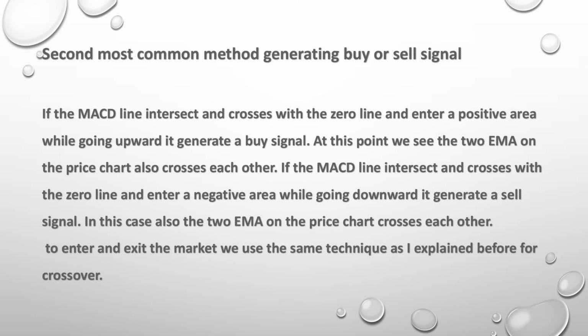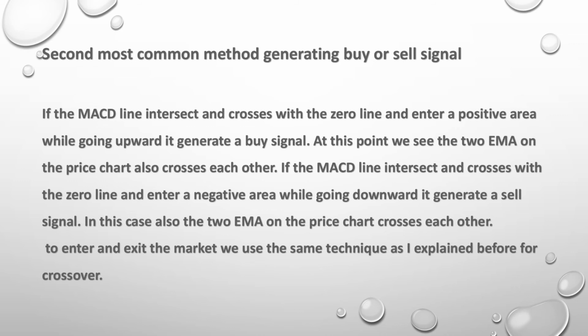Second most common method of generating a buy or sell signal. If the MACD line crosses the zero line and enters a positive area while going upward, it generates a buy signal. At this point, we see the two EMAs on the price chart also cross each other.